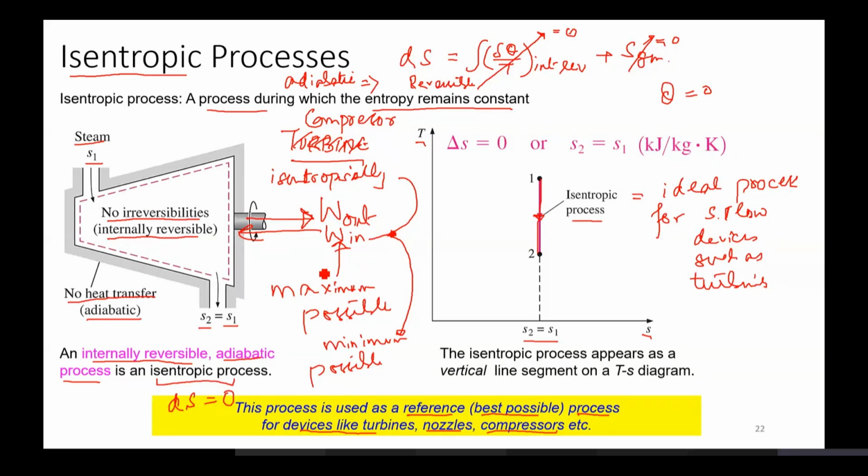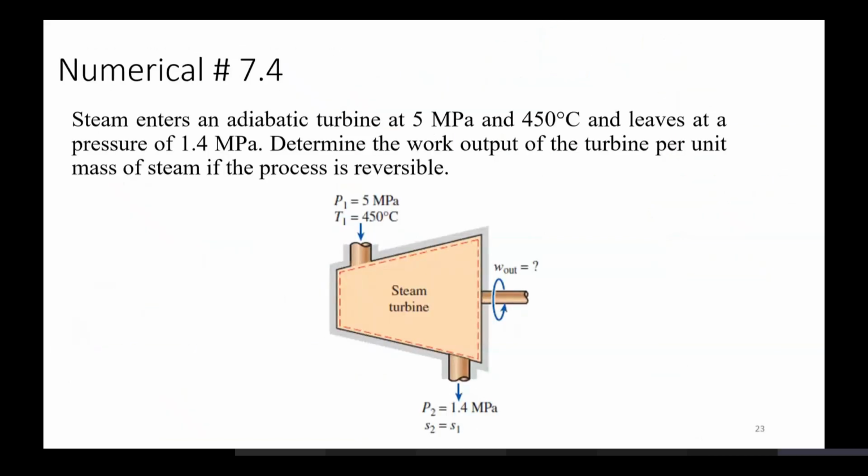Yes, sir. All right. Moving into an example of an adiabatic turbine. It says that steam enters an adiabatic turbine, adiabatic Q is 0, at 5 megapascal 450 degree centigrade. So two conditions are given to you.